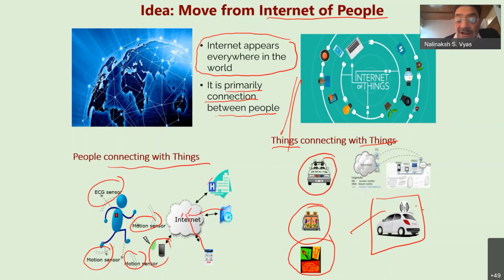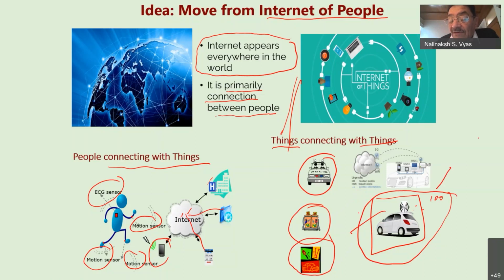Any decent car worth its name has about 100 sensors these days. It has at least 4 kilometers of wiring, and now this wiring is also being done away with by wireless connectivity between different sensors in a modern car, and they are all communicating.